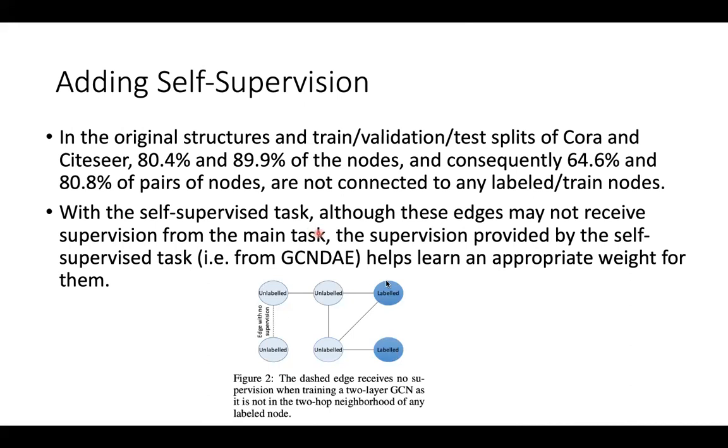So here is an illustration. If we look at these two kinds of nodes, let's assume we use a 2-layer GNN, then there will be no supervision for the edges between these two unlabeled nodes, because we are currently not only interested in learning the labels for these nodes, but also learning the possible edge weights or edge structures between pairs of nodes.